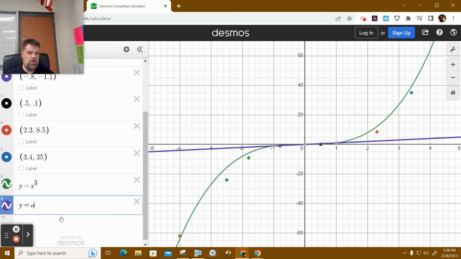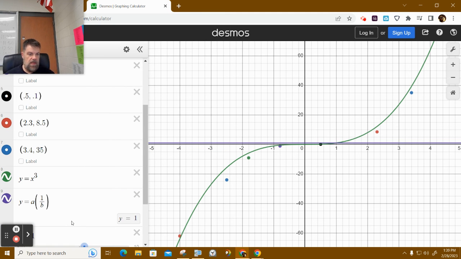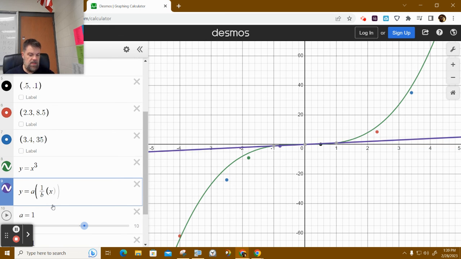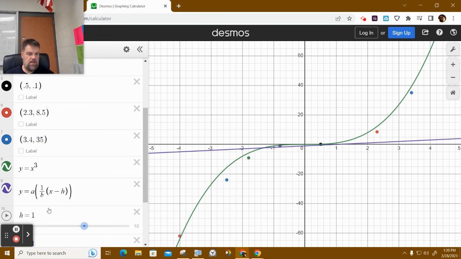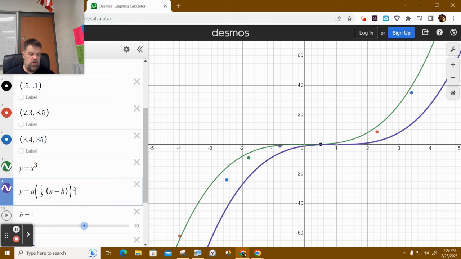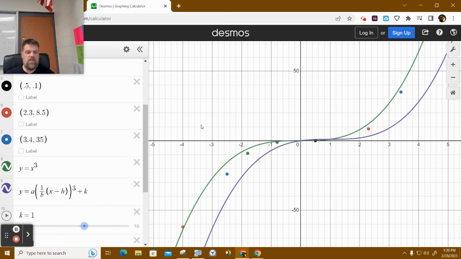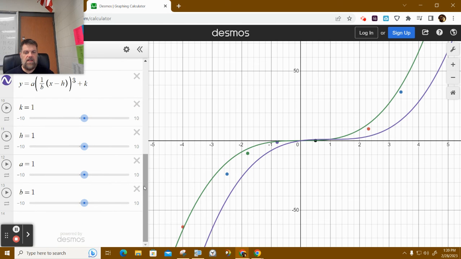If I say y equals a times the quantity 1 over b times x minus h, close that, and then raise that to the third power, plus k. This is my formula.